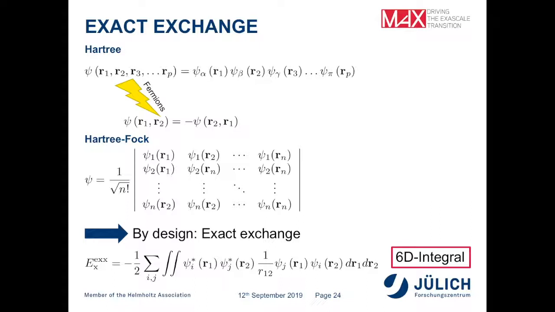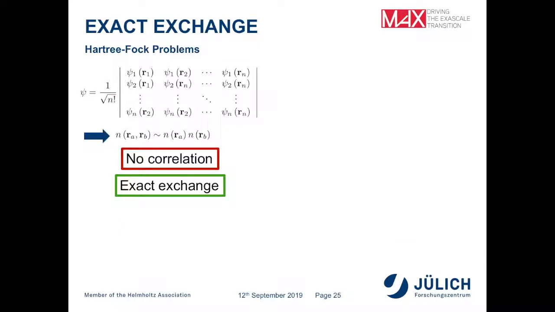But this is a 6-dimensional integral, so calculating this Hartree-Fock exact exchange is computationally quite heavy. And the Hartree-Fock isn't perfect, so it has a number of problems. One of them is that in the end you express the wave function as the linear combination of the products of these orbitals.